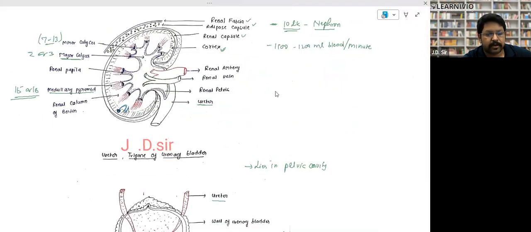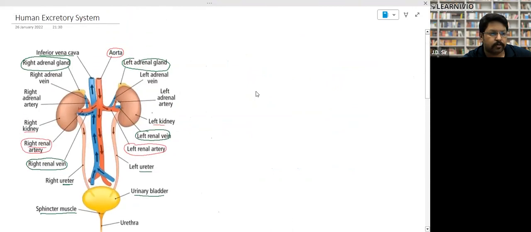Now try to understand the structure of human excretory system, right? So basically, our excretory system is made up of kidney, right? The main excretory part, core excretory part is kidney. Look, we have a pair of kidney, but all the organs of our body are not equal or same, right?